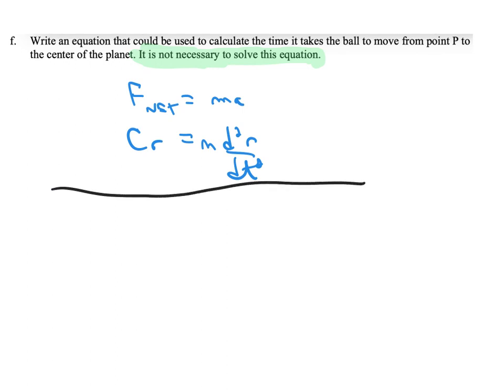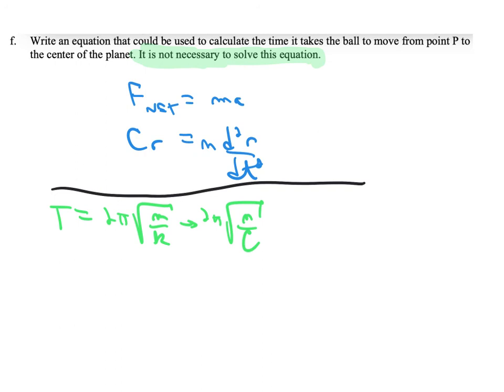this is an oscillator. So couldn't I instead say, hey, the period of an oscillator is 2 pi square root m over the constant, which for us would be 2 pi square root m over that c they gave us. And of course we should be able to do that.